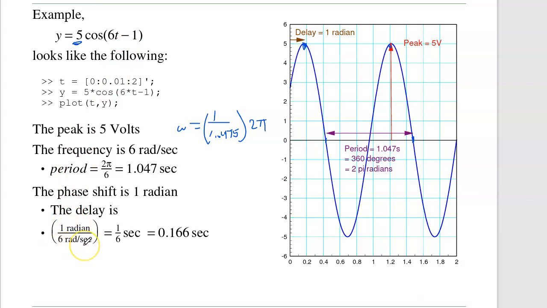The period is 1/6 of a second, or 6 radians per second. So it's going to be a delay of 1/6 of a second. Or going backwards, this delay is 0.166 seconds. The period is 1.047 seconds. And 1 cycle is 2 pi radians. That gives you 1.